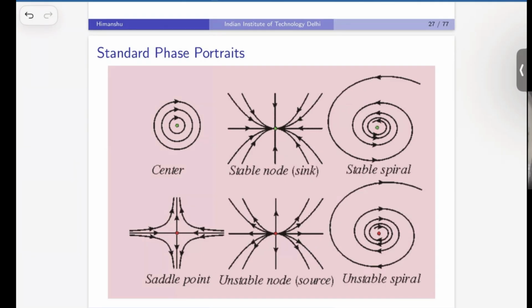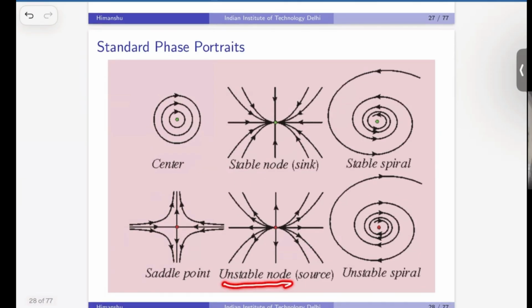Here, this is unstable because as t goes to infinity, my graph goes very far away from the critical point. It is unstable again here, because it is going away from my critical point. And why is it a saddle point? Again, as t tends to infinity, in one direction it goes up and in the other it goes down.